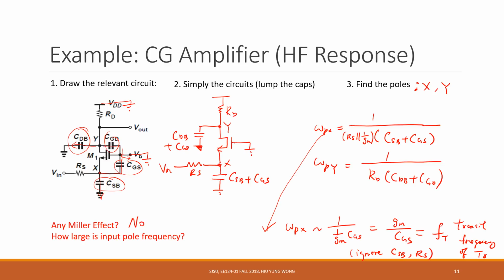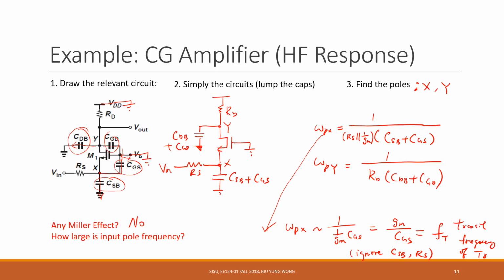If transit frequency is, let's say, 100 gigahertz, then don't dream that you can have a circuit built from that transistor that can operate faster than 100 gigahertz. And now it's telling you that the input pole of a common gate amplifier is similar to the transit frequency.